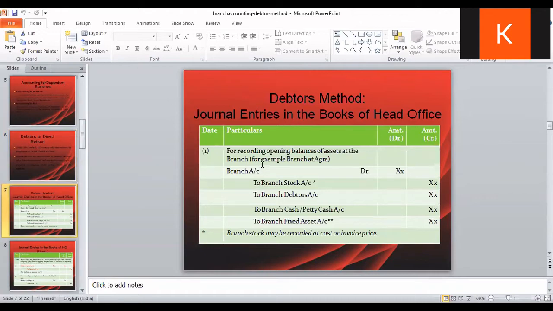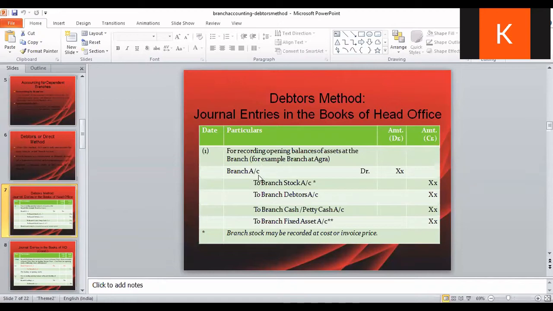So first is when the year begins. We have to record all assets and liabilities. For recording all opening balances of assets, we have the entry called branch account debit to all assets, whether it is branch stock, so we'll write to branch stock.